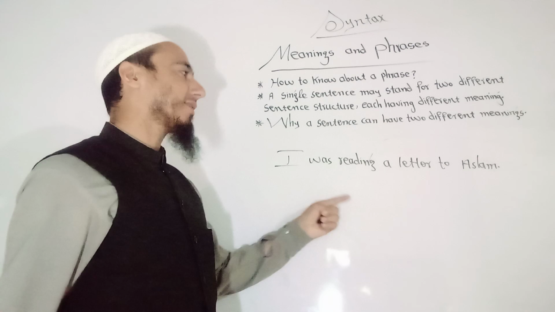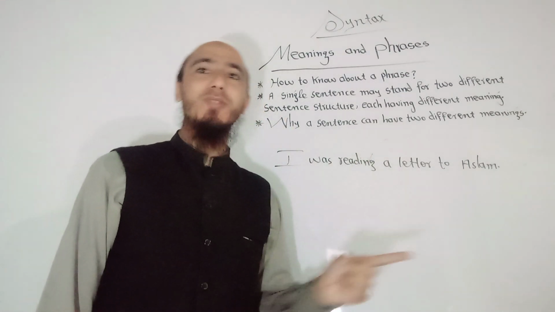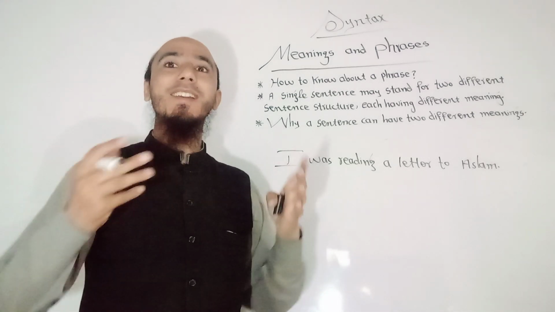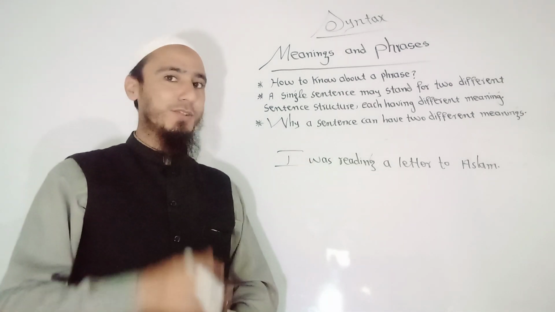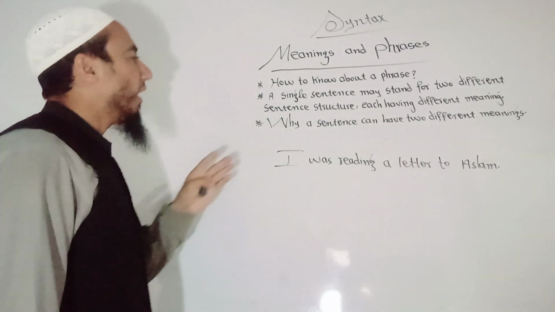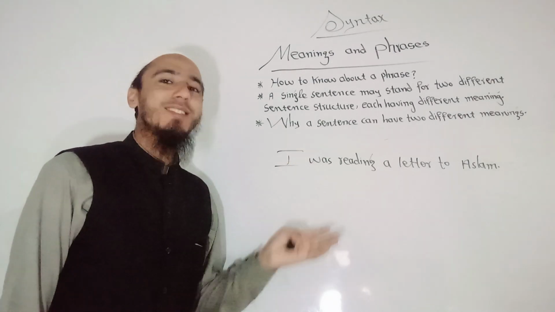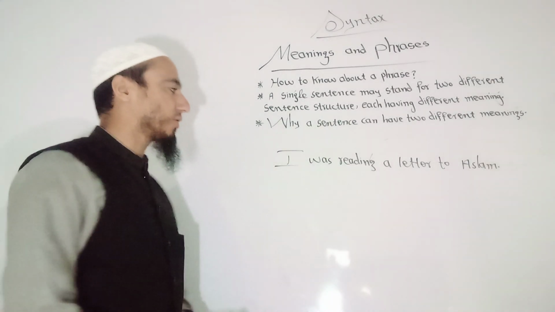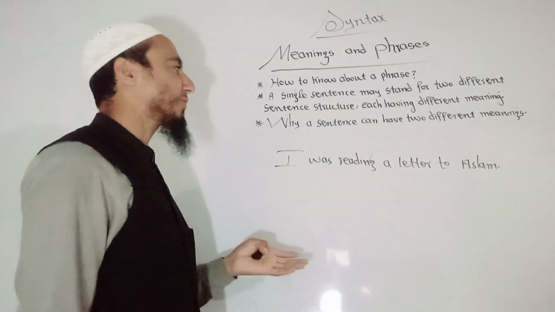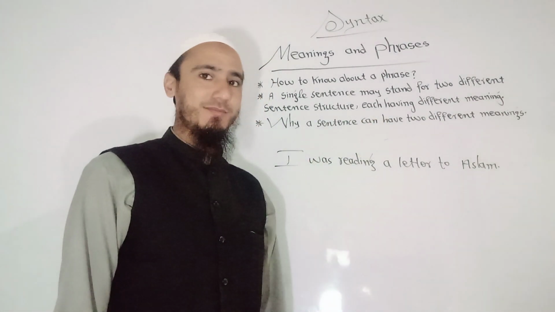Another meaning is that someone has sent a letter to Aslam, so I was reading loudly to him. So two meanings are there. However, come back to the structure now. How does this sentence have two structures, and why can a sentence have two different meanings?